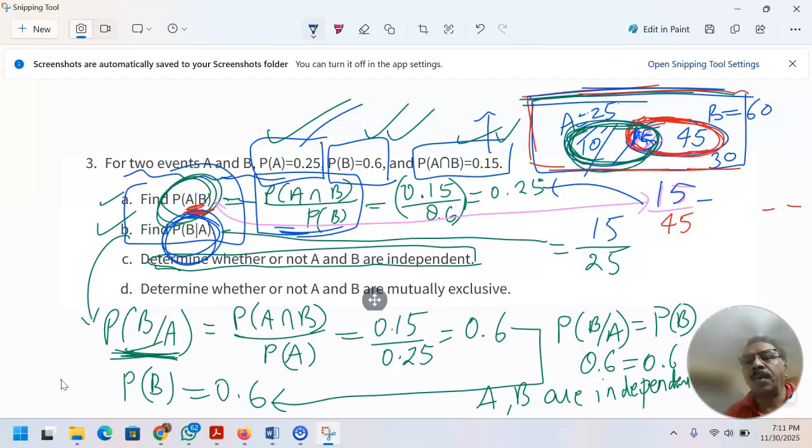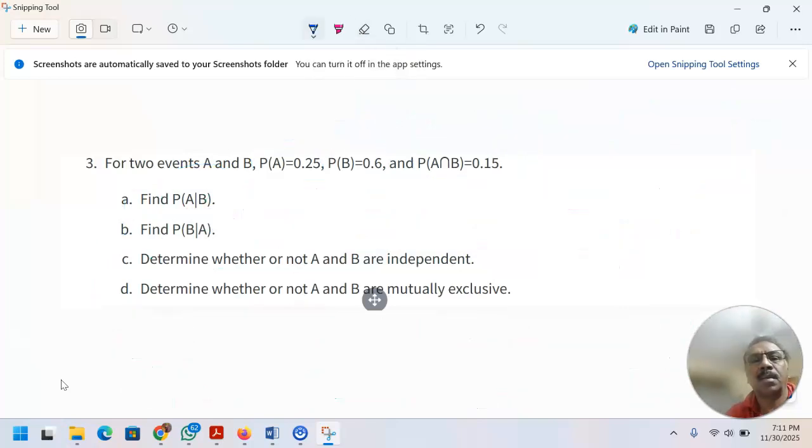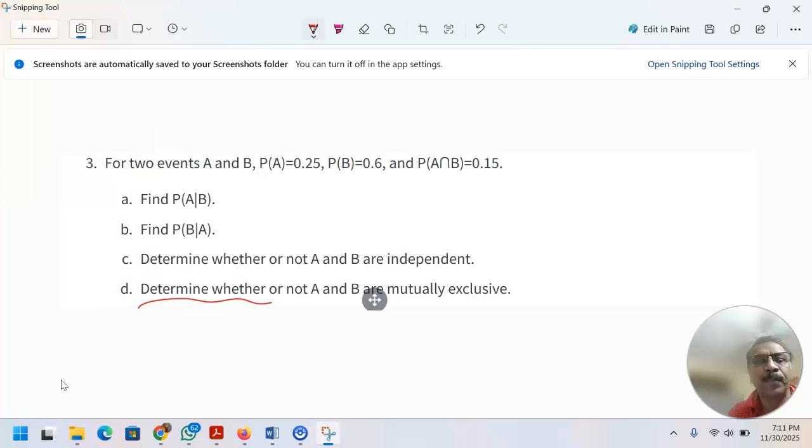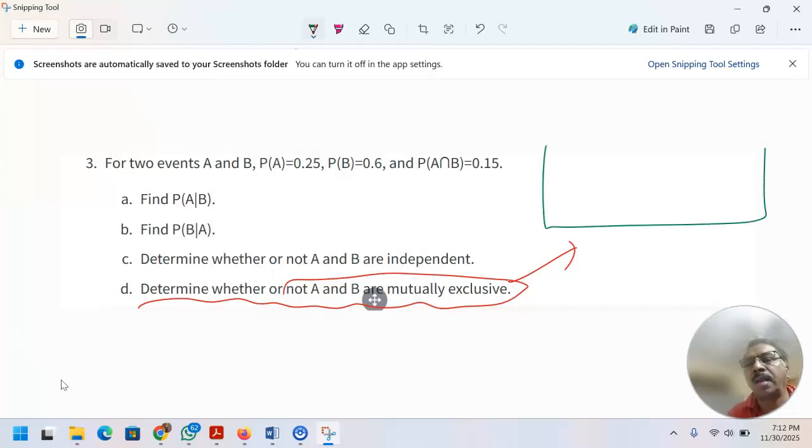Okay, so let's do the last one. Check whether A and B are mutually exclusive. Now, what does mutually exclusive basically mean? If I have a Venn diagram, in a classroom, I can have boys and girls.